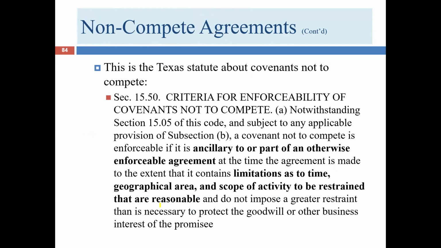It's very common in the hairstyling industry for the hairstylist to sign non-competes. And so they're going to have limitations. But think about it. Very few people are going to travel a significant distance to get their haircut. I mean, if my hairstylist moves to Houston, I'm not going to get my hair done down there.